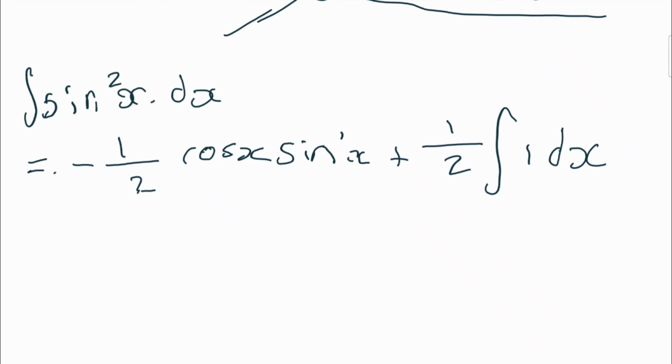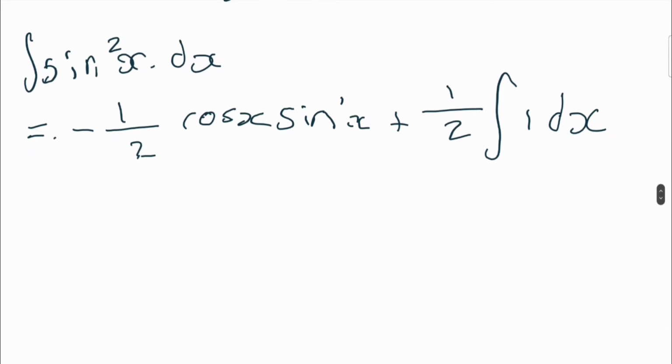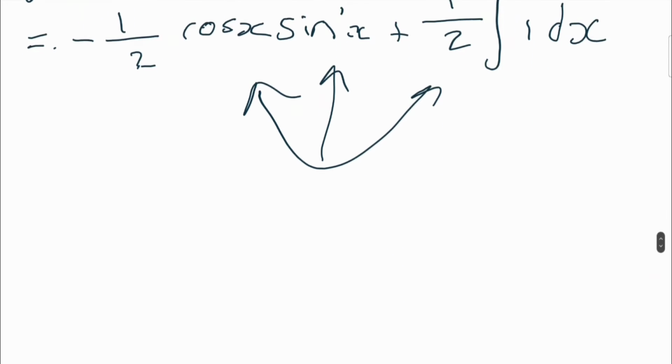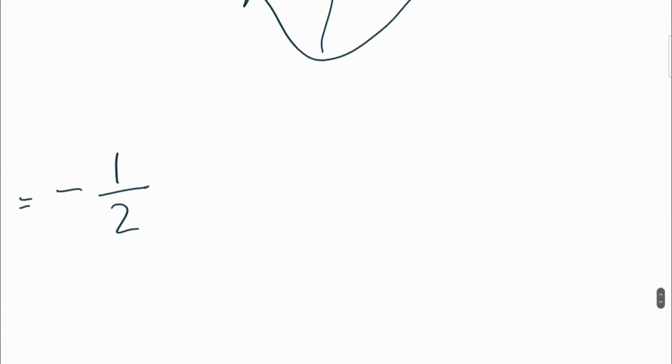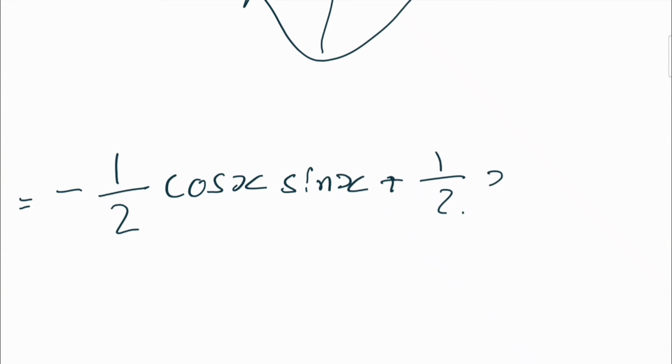So, now we can go ahead and work this equation out. Okay, so we can simplify this to negative 1 over 2 cosine x sine of x plus 1 over 2 x.